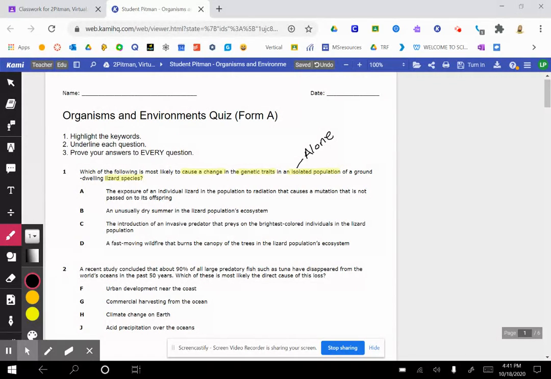So when I'm thinking about this, I would also hope that you are connecting this to the fish sticks lab, because this is very similar to our fish sticks lab.